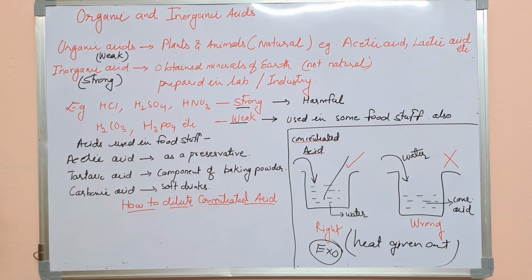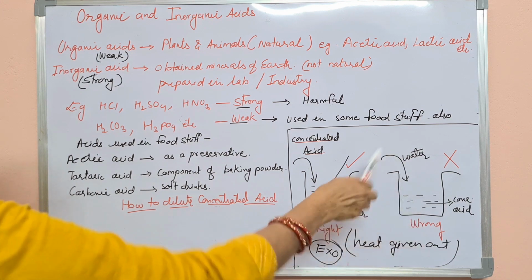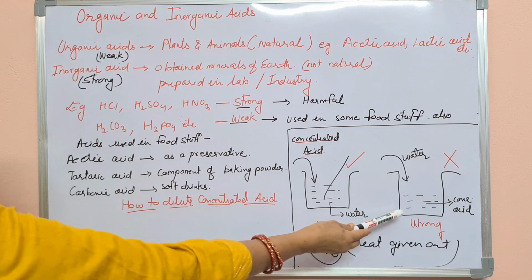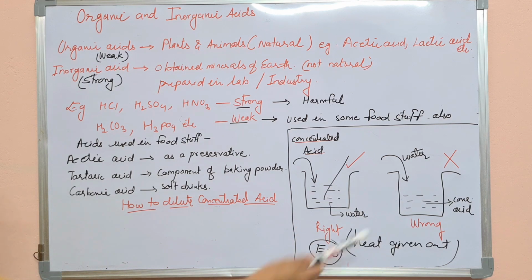So that heat evolved is in very high amount that can break the beaker also, and the solution can swell out from the beaker, and the person who is diluting the acid can meet with an accident.